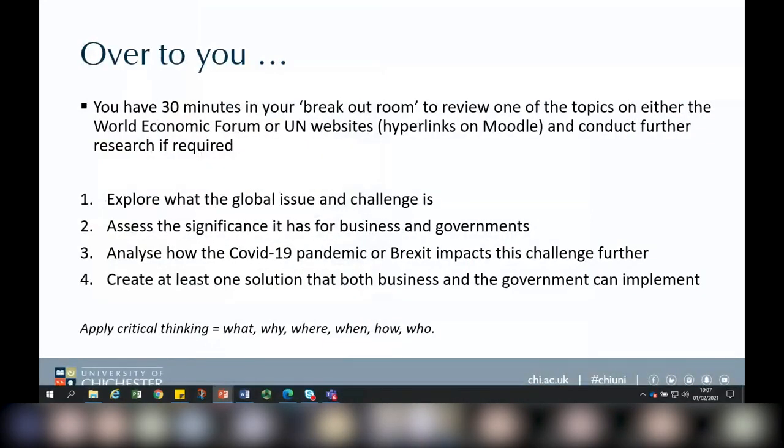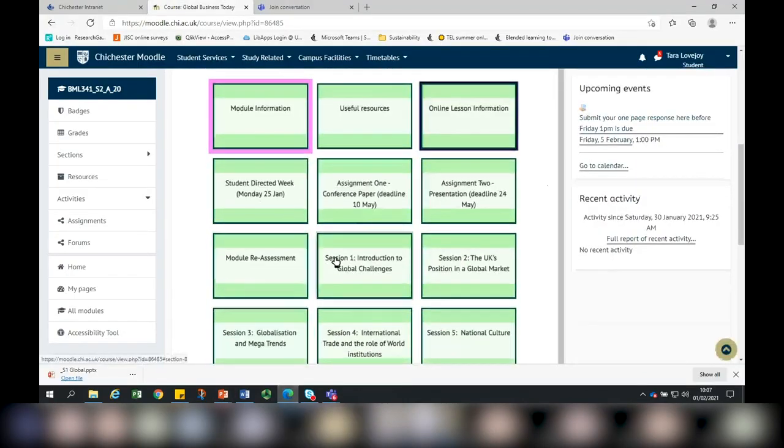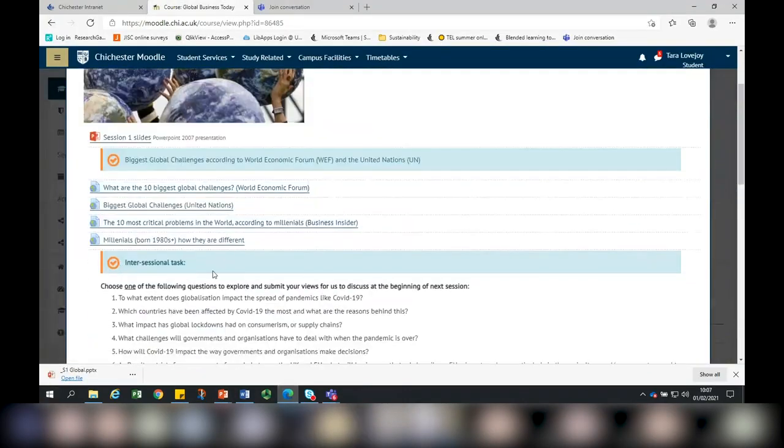So I would say, if you're interested in this topic, I'm not going to ask you to do this today because we won't have time. Explore on Moodle the hyperlinks under here. I've put some news articles for you.